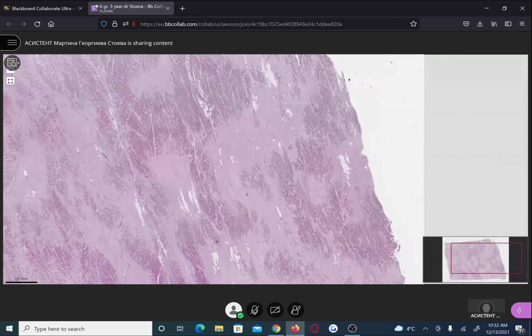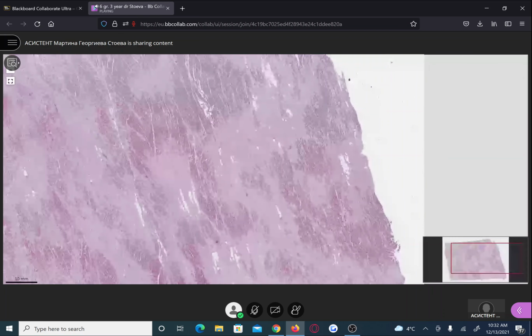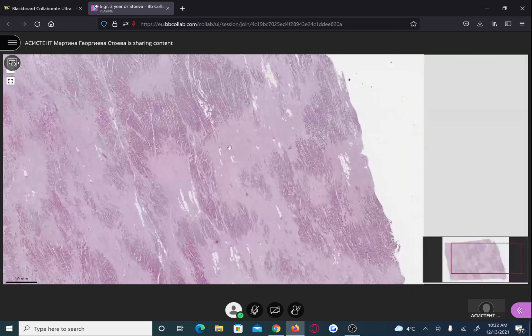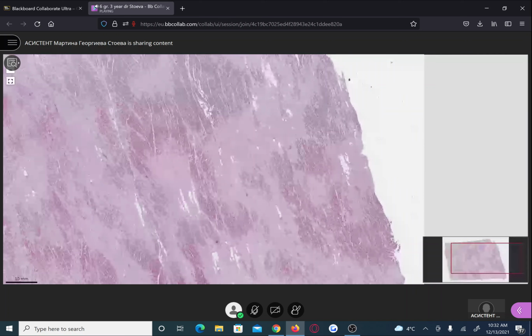So you mention that it's at least 6 weeks, because before 6 weeks, we'll still see some granulation tissue. During the first days or the first 1-2 weeks, we will even see necrotic cardiomyocytes with inflammation and so on.